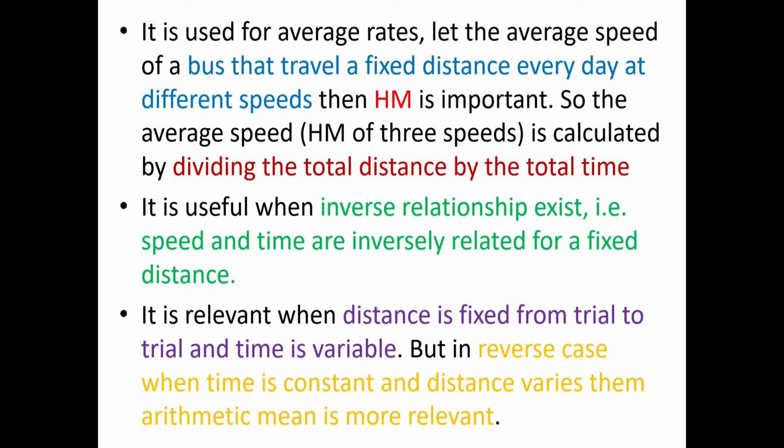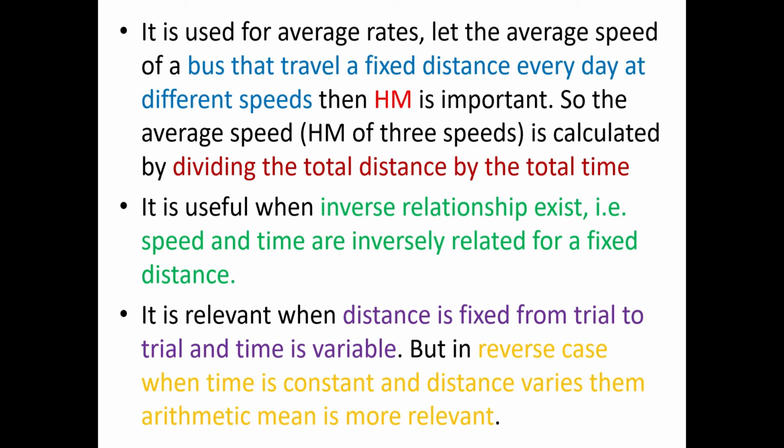Normally we use harmonic mean for those components where a time factor is there. When a bus is moving over a fixed distance, every day it is moving at a different speed. So how much time are they taking, and what is the average speed?